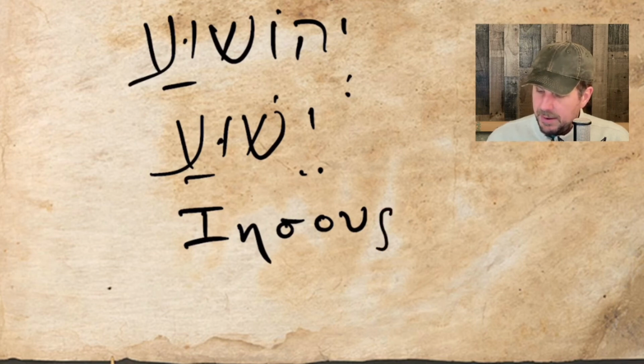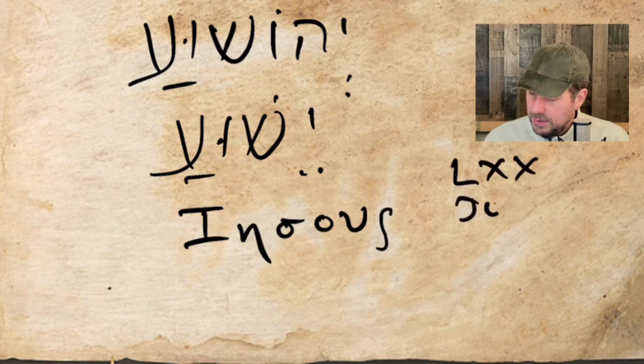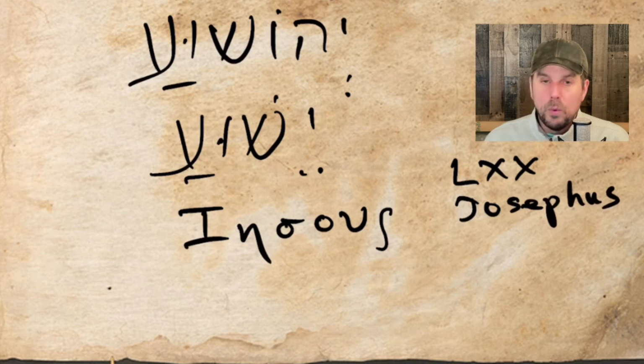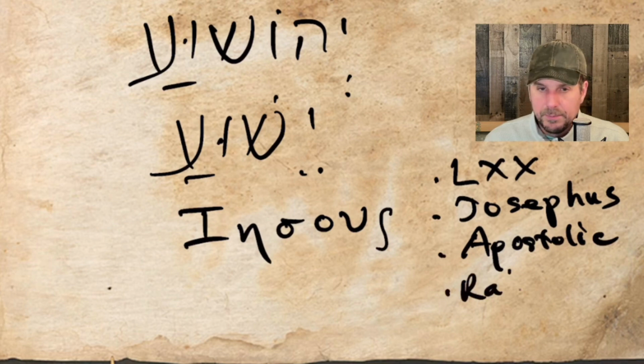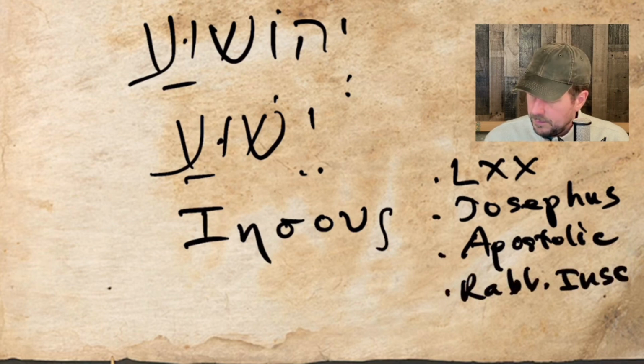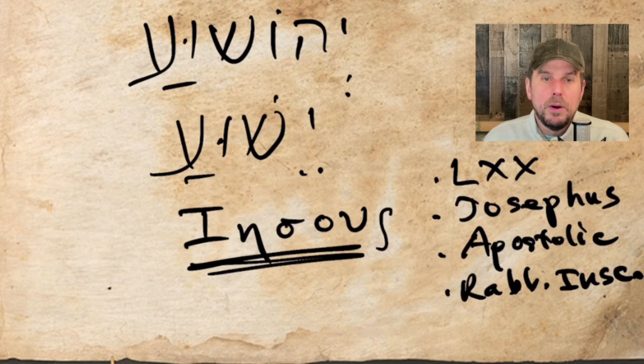Jesus with the sigma, reflecting, like we saw with Isakos, the nominative case. But whether it's the LXX or Josephus or the apostolic writings, or whether it's rabbinic inscription, we pretty much see Jesus as the name for Joshua or Yehoshua or Yeshua.